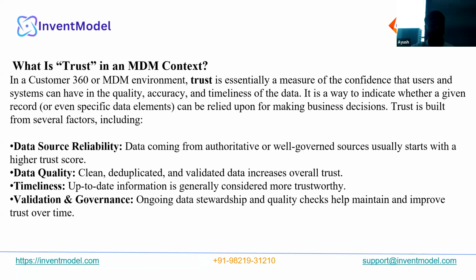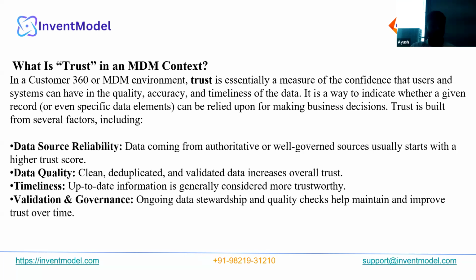Trust is built from several factors. So we can define trust on the basis of several factors, including data source reliability. Data coming from authoritative or well-governed sources usually starts with a higher trust score. So if we are getting the data from an authoritative source like Salesforce CRM, or if we are getting data from admin, in that case we assume that our data has the maximum trust value and data quality.